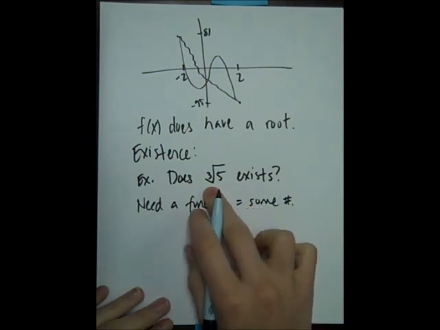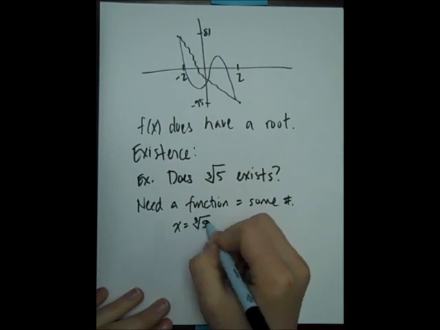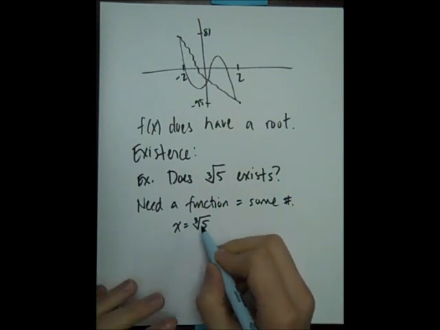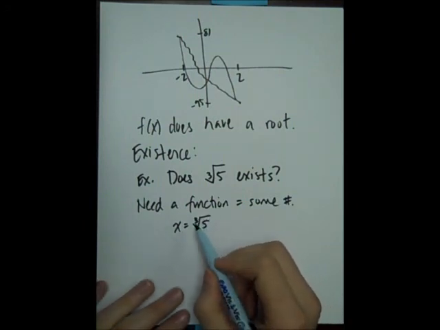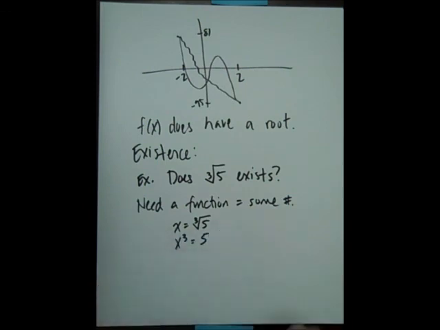If the cube root of 5 exists, let's say that it's x. Can I think of a function equal to some number from this? The cube root of 5 is not a very nice number, so let's think of an integer. What happens if I cube both sides? It would be the same as x cubed being 5.